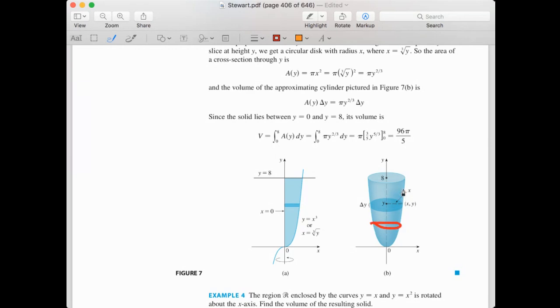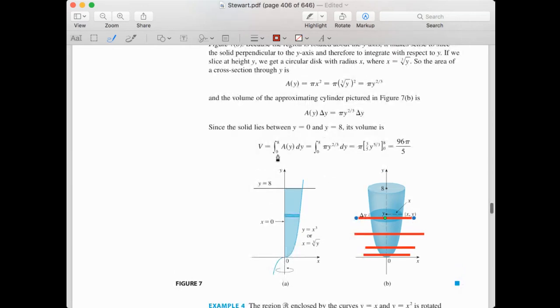As we cut horizontally, each intersection, or each level set, is a perfect circle. So we set up integration from 0 to 8, cutting along the y-axis.